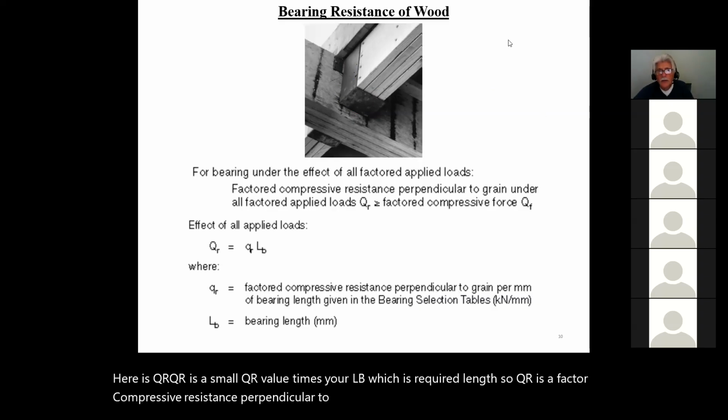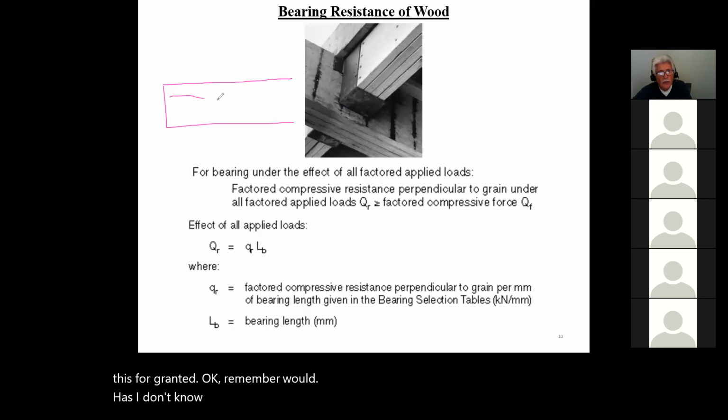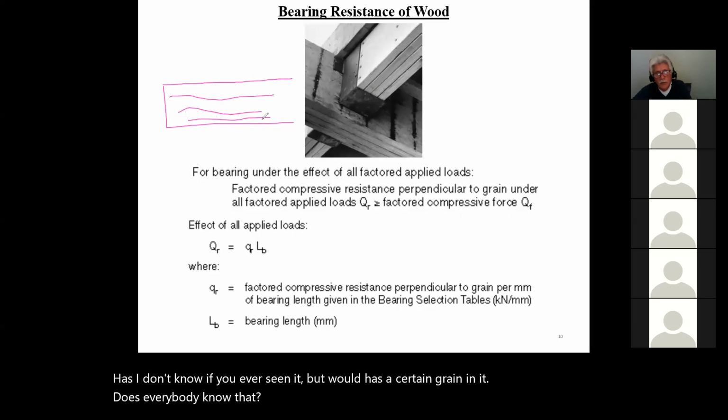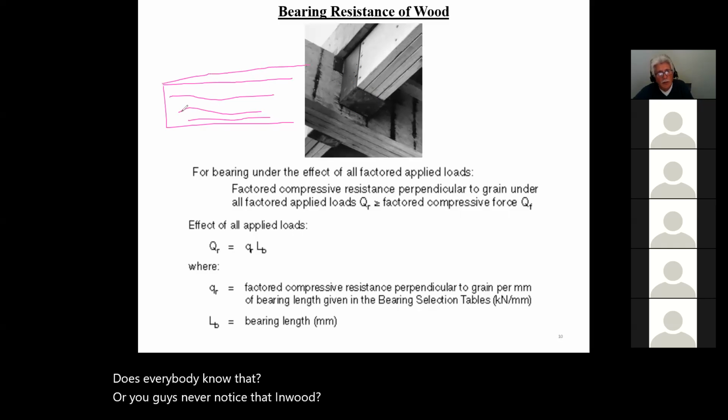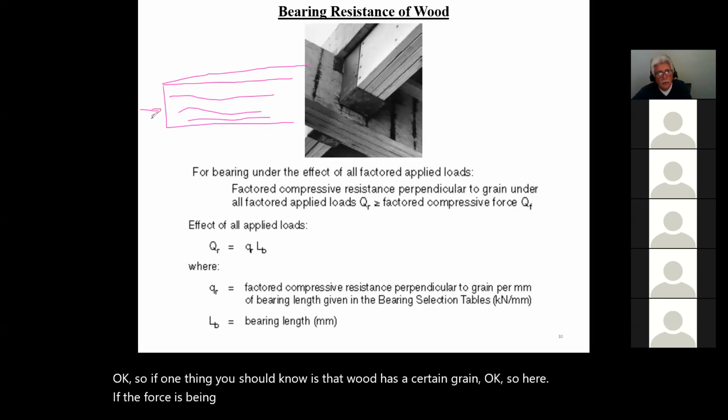Now, guys, I should mention this, I take it for granted. Remember, wood has a certain grain in it. Does everybody know that? Or have you never noticed that in wood? So one thing you should note is that wood has a certain grain. If the force is being applied in this direction, the wood has one resistance.